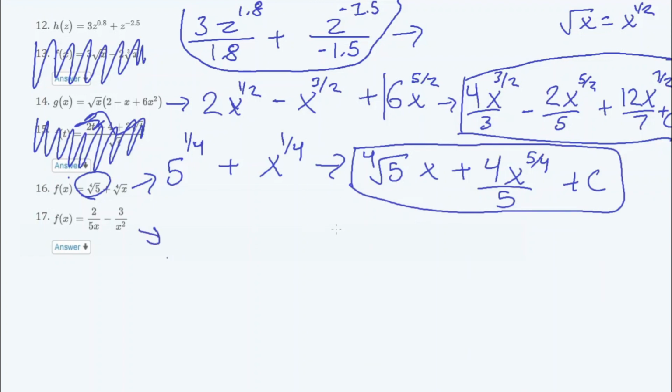So number 17, we're going to be dealing with some negative exponents here. If we rewrite it out, we're going to have 2 over 5 times x to the negative 1 power minus 3 times x to the negative 2nd power. And now we want to find the antiderivative of this.